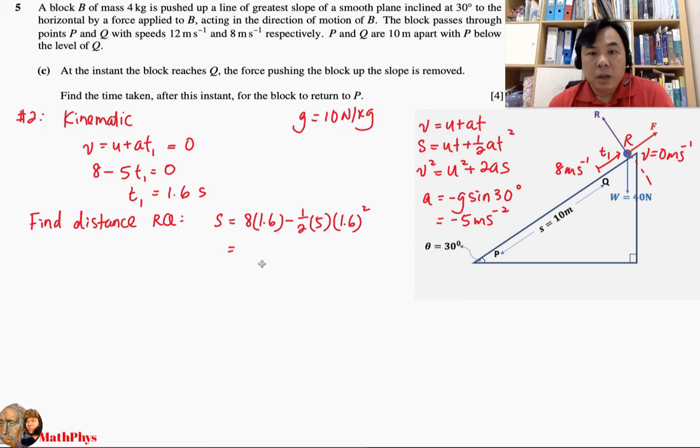Let me try this one more time to see whether we get the same answer as before, which is 6.4, if I still recall it correctly. So 12.8 here, and then this part here I will have, let me see. 0.256 here.